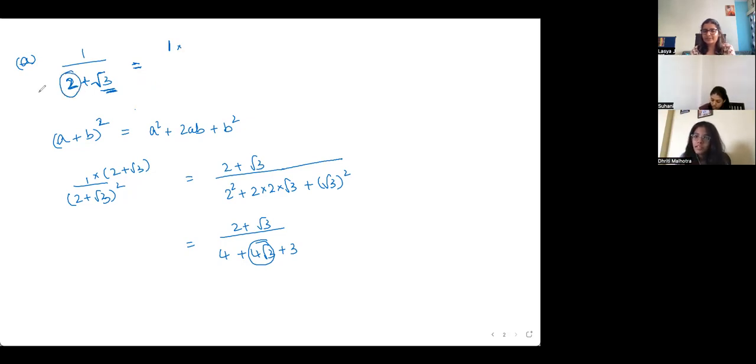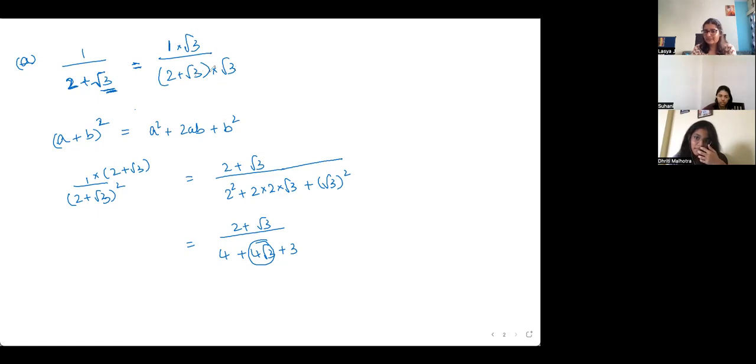And what about the 2 here? Root 3 plus 5 हो जाएगा ना? Because root 3 square would become 3. 5 कहाँ से आया? नहीं, I'm saying if you multiply root 3 in the numerator and the denominator, so 2 plus root 3 square.